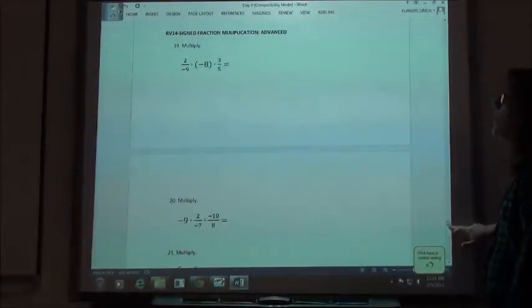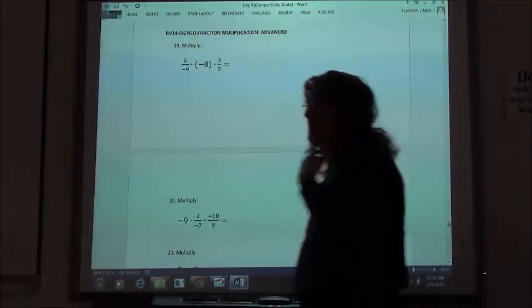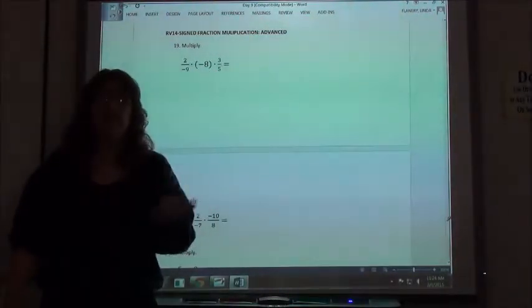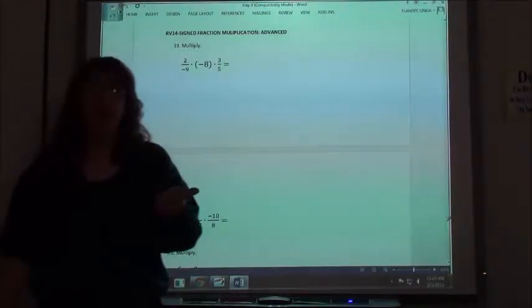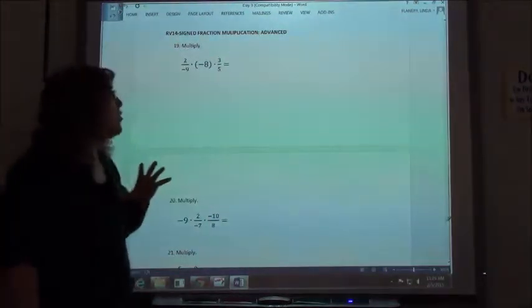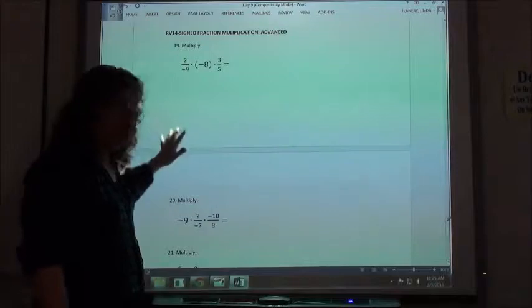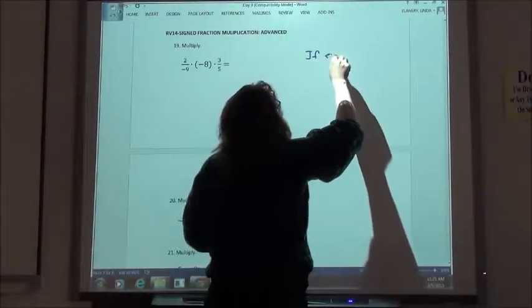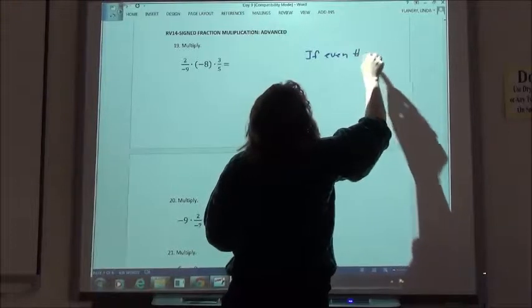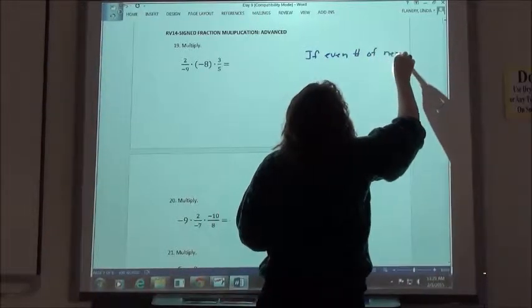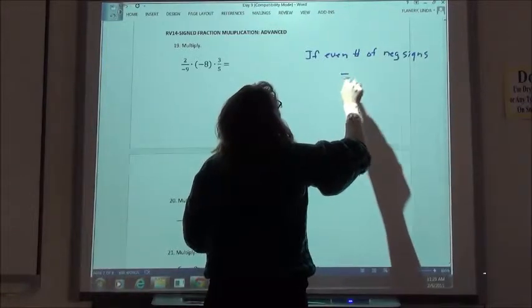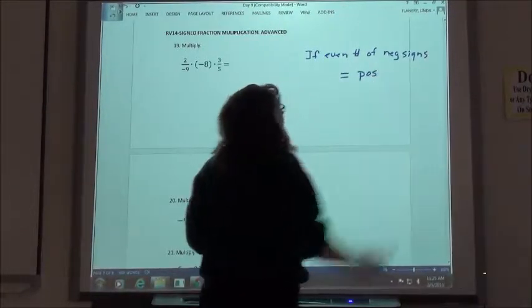Sign fraction multiplication. I'm thinking about my rules for multiplying and dividing, and it says that if I have a negative times a negative, it ends up being positive. So as a general rule, when you're just multiplying and dividing, if there is an even number of negative signs, I'm going to get a positive answer.